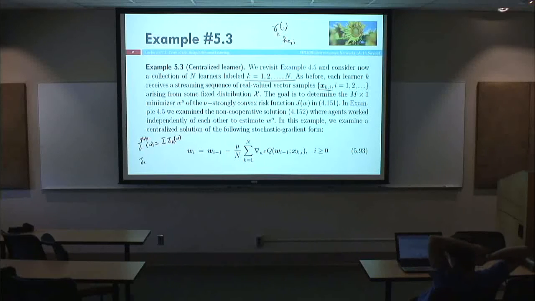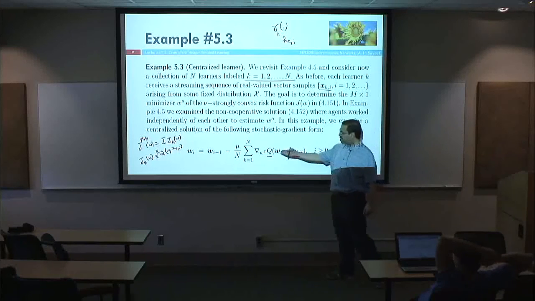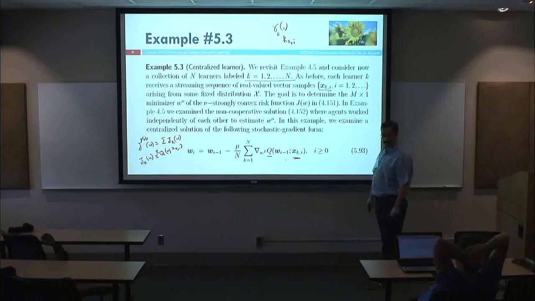I'm assuming that the individual risks are all uniform in this example, because it is Q here, equal to the average of some loss, right? The average of some loss. Okay, so Q is the same, but here you have the data at agent k. So this would be the centralized solution in this case. Correct?